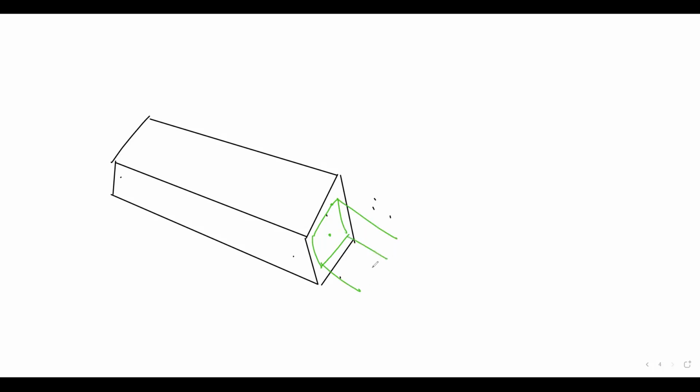I'm just about to make a horrible 3D drawing. I'm not even sure it makes any sense. Let me try my best to look at my notes. 3D drawings are not easy. So it becomes something like this. Yeah, the inner surface area increases, but the lateral areas are decreased.